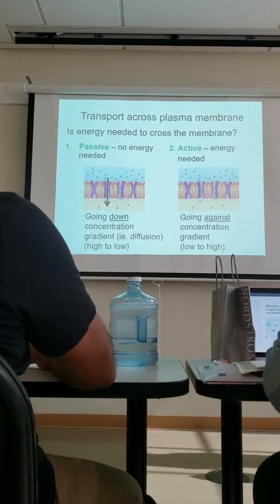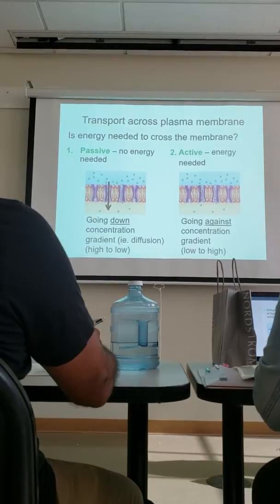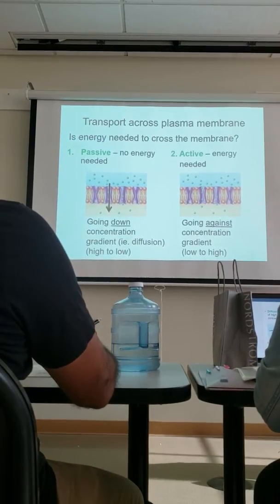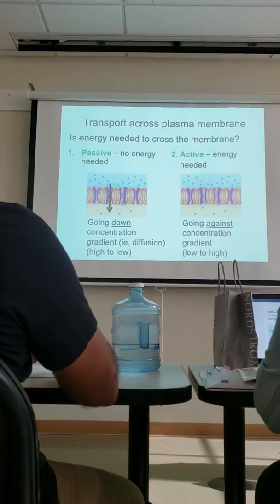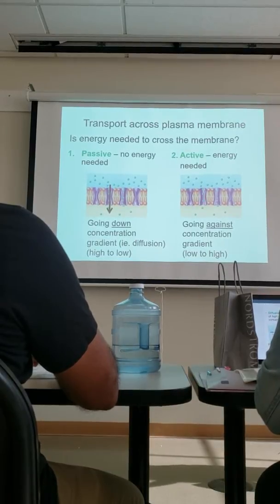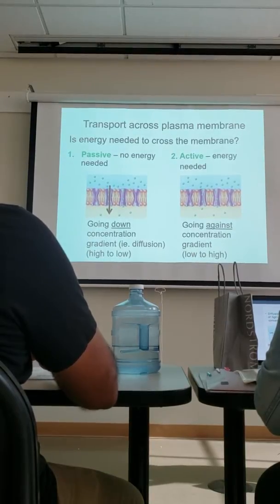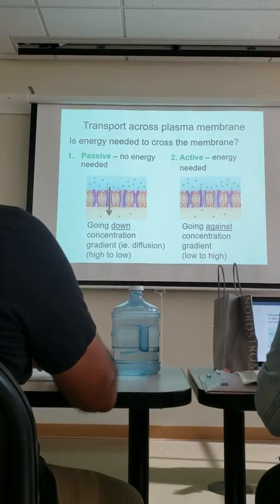If we go back to the example of your lab last week, let's say during the cleanup process, I was really mean and I said, hey guys, to clean up, I want you to get all of your methylene blue back to the center of your petri dish. Is that going to be easy? No. You'd have to put a lot of effort and energy into gathering all of the methylene blue that was spread out and putting it back into a concentrated center. So anytime you go against the concentration gradient, that's always going to require energy.